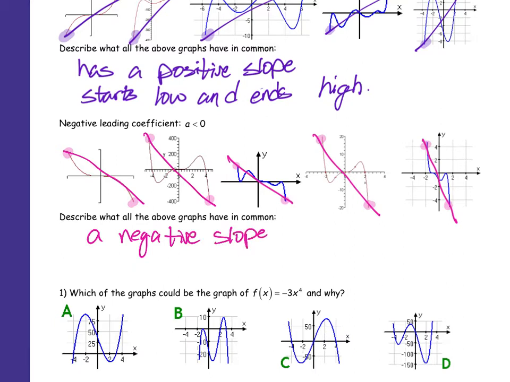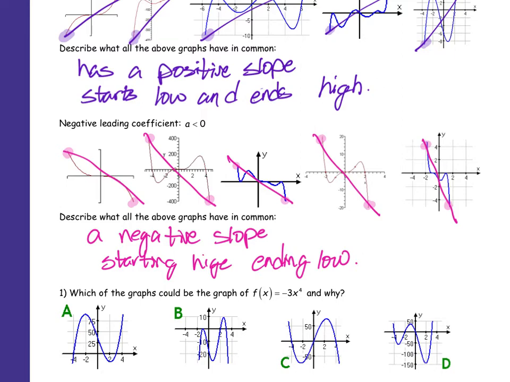I'm starting high and ending low. Does anybody have any questions about that? I got all of that information for a graph just off the degree and the leading coefficient. One piece of the equation tells me all that information about what the graph looks like.